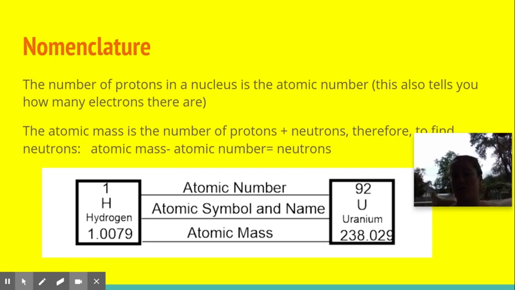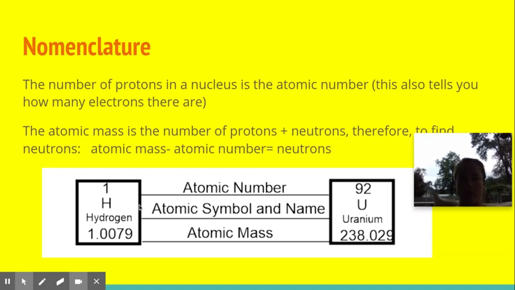For a stable atom, we want to have the same amount of negatives as we have positives. So for our sake at this level, for 8th grade level, we are going to say that we have the same amount of electrons as we have protons because we need to have the same amount of negatives as we have positives. Neutrons are a completely different story. We could actually have less or more than we have protons or electrons.